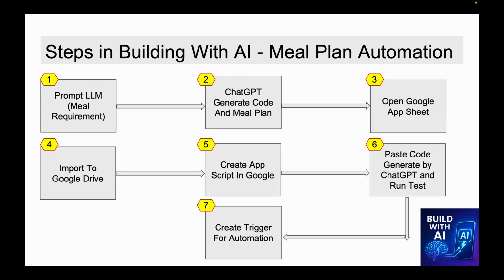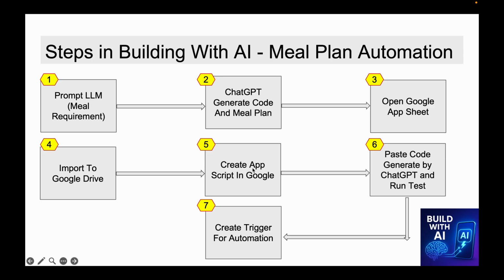Now, what are the steps in building this application? Simple steps. Number one, we need a proper prompt which we will give to the LLM, like ChatGPT in this case. In that prompt we give the meal requirement and also the requirement to generate the code and the meal plan. Then the third step, we open Google Sheets, import the sheet to Google Drive, and create a script in Google.